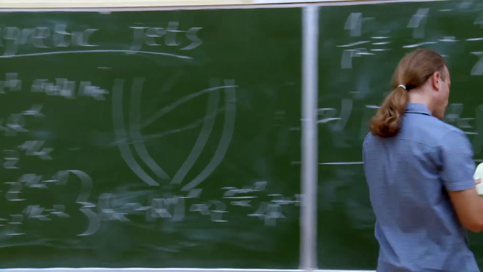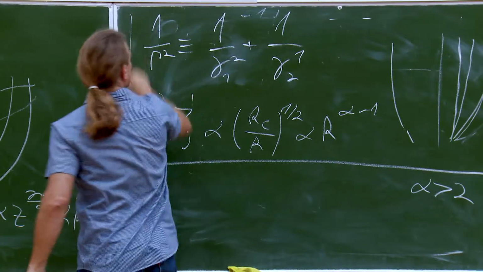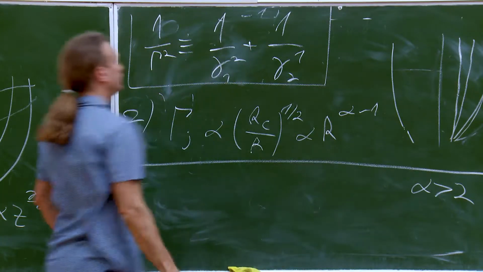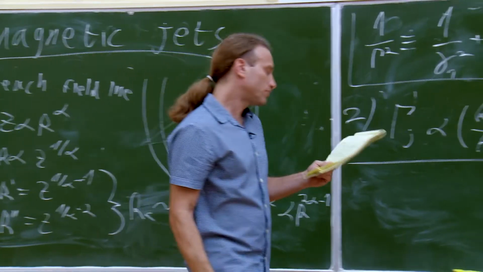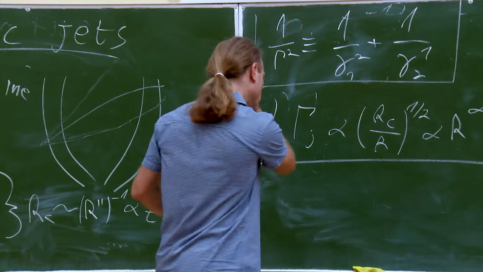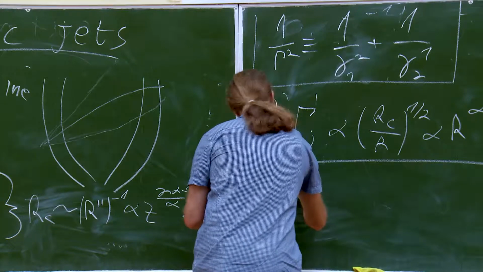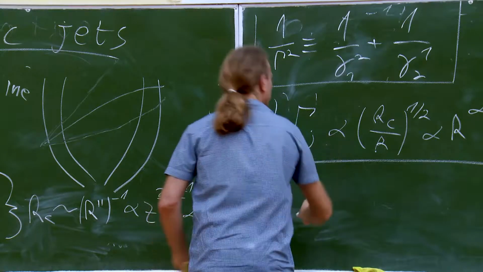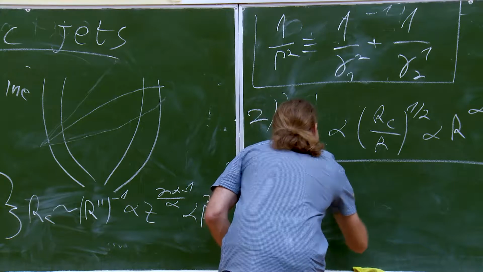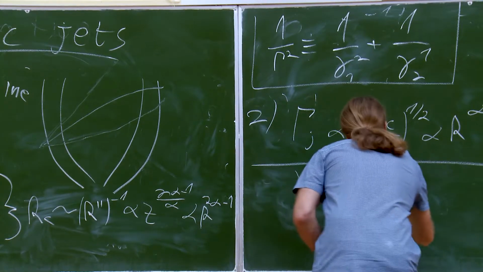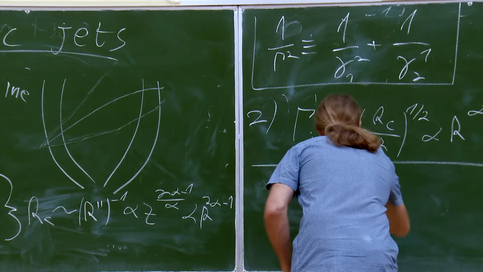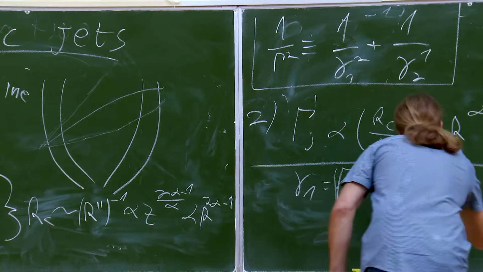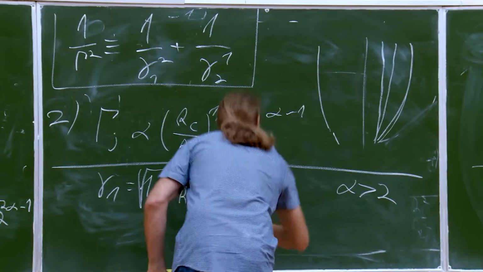Okay? So in this case, remember that this is the expression that I want. And when alpha is larger than 2, remember that I have gamma 2, and gamma 1 is equal to 1 plus R divided by RL squared. And this is roughly equal to R divided by RL. Okay?